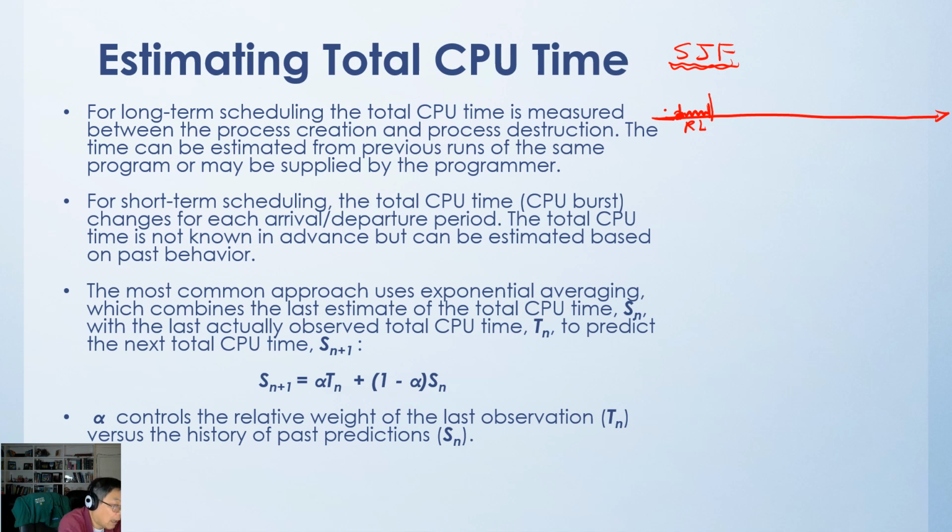So in reality, the shortest job first cannot use the true total CPU time to decide which one will be selected. The shortest job first algorithm actually uses the estimated total CPU time for each process, and the process with the shortest estimated total CPU time gets the CPU.